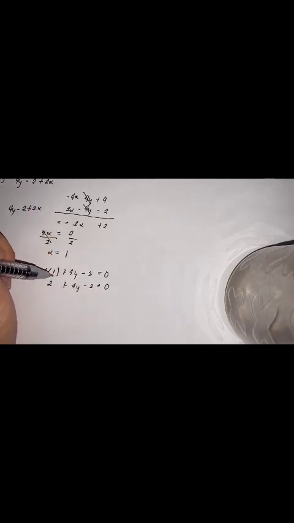So 2 times 1 is 2 plus 4y minus 2 equals 0. So now 2 and minus 2 would be 0, leaving us with positive 4y equals 0. We're going to divide that by 4 to get our y value, so cancel that. So our y is equal to 0, since 0 divided by 4 equals 0.